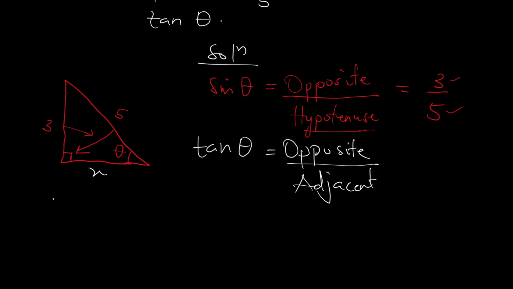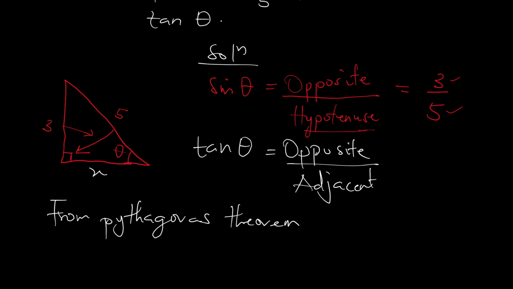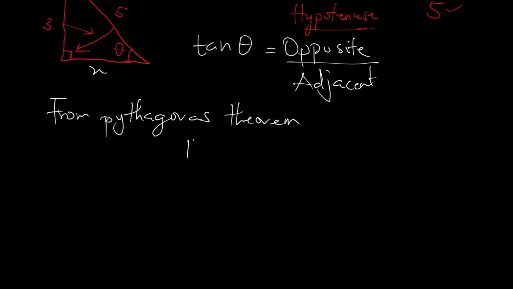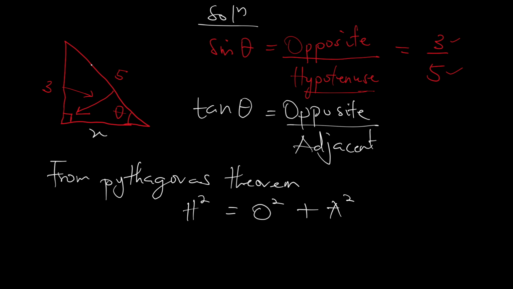But we know that from Pythagoras theorem, hypotenuse squared is equal to opposite squared plus adjacent squared. Our hypotenuse is 5, so 5 squared is equal to our opposite squared, and our opposite is 3, plus our adjacent squared.